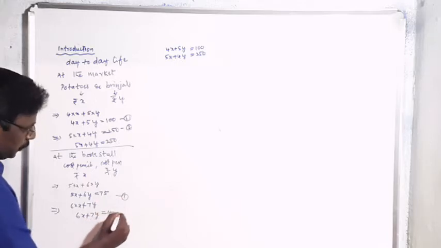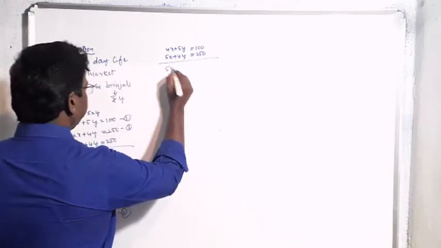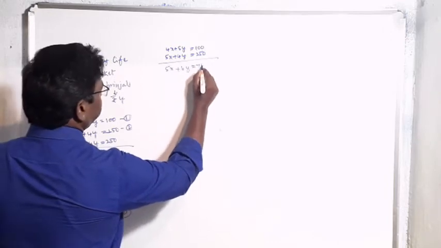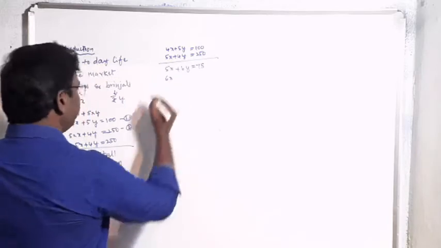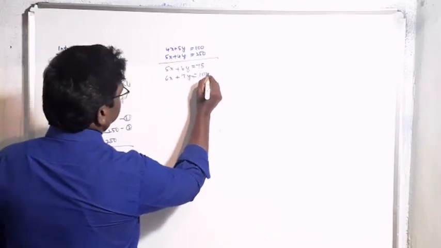Here also you got two equations. First equation 5x plus 6y is equal to 75. Second equation 6x plus 7y is equal to 100 rupees.